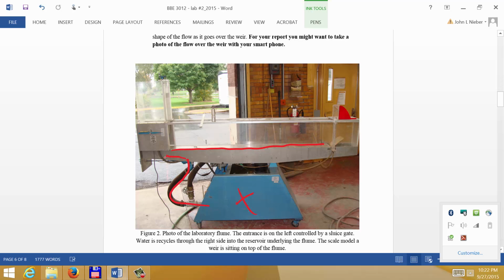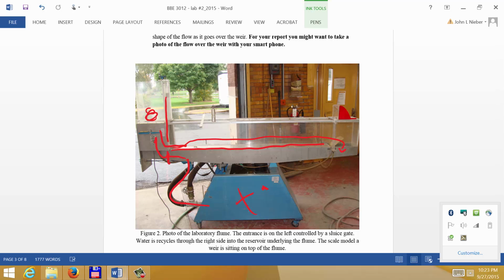It comes up and passes through an orifice that's located right about here, and then enters into this container on the left hand side. Here is a gate, and that gate can be raised or lowered. So this is essentially a reservoir. Water flows underneath this gate over the top of this surface, and it builds up and flows along here and then discharges down this way, and that goes back into the reservoir and then gets fed back through the orifice. So it's a recirculating system.